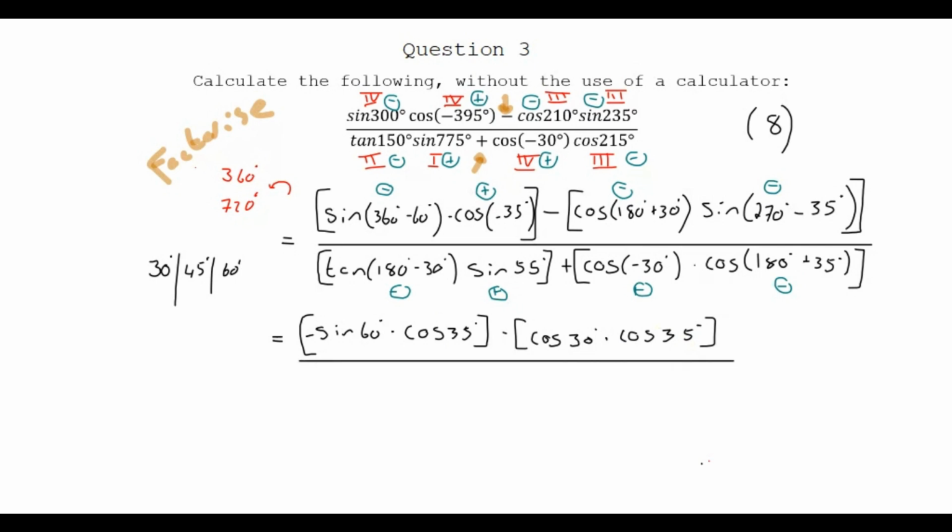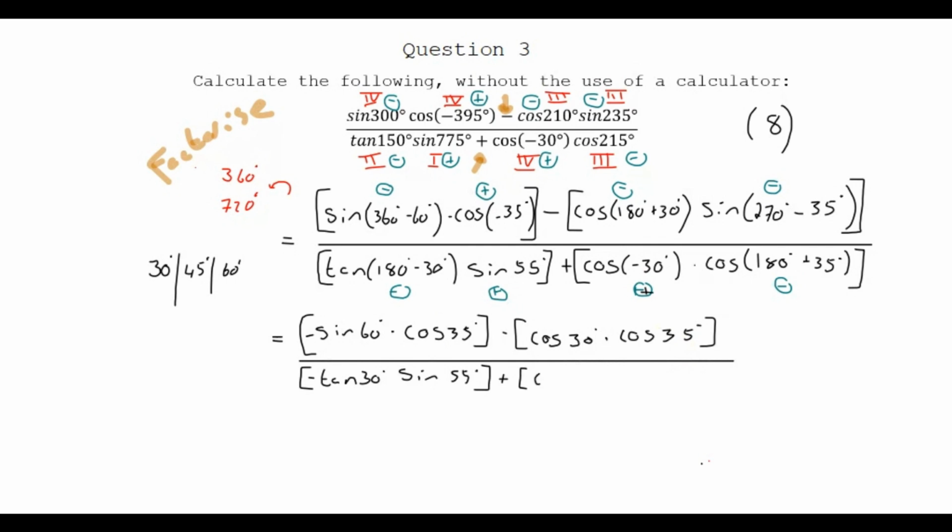And this is all over the denominator of negative tan of 30 degrees multiplied by sine of 55 degrees. Let's put that in brackets quickly. Plus cos of 30, which we said would be a positive.